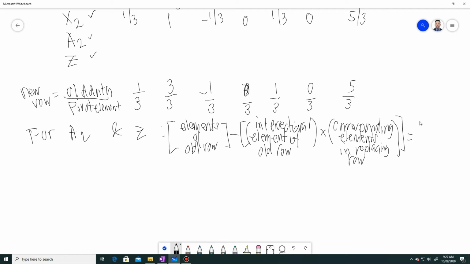That will be the element in the new row.